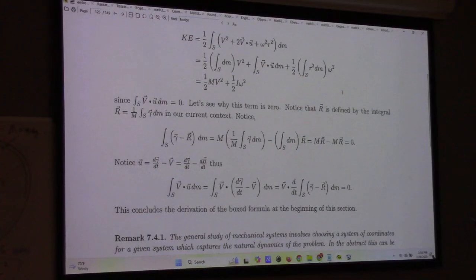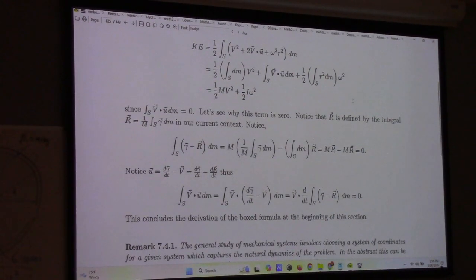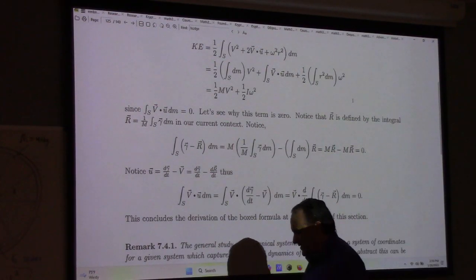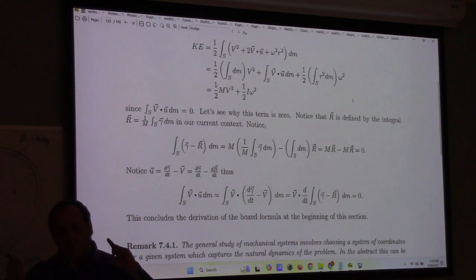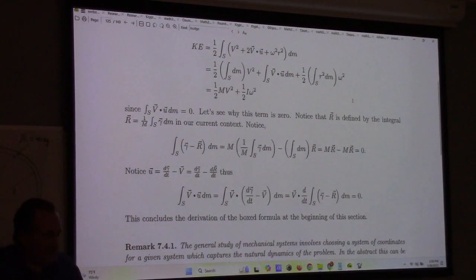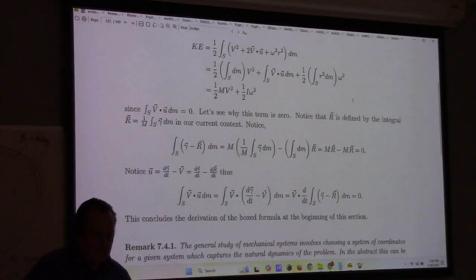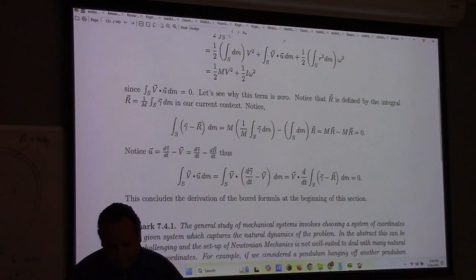How does it give us gamma minus r? Because big V is big dr dt, remember? So that's why we've got that r there. But this we already know is 0, so we've got the derivative of 0, which is 0. Fine. We finally showed what I claimed, which is that the part that comes from the dot product of the center of mass velocity with the relative velocity zeroes out. All right, great.